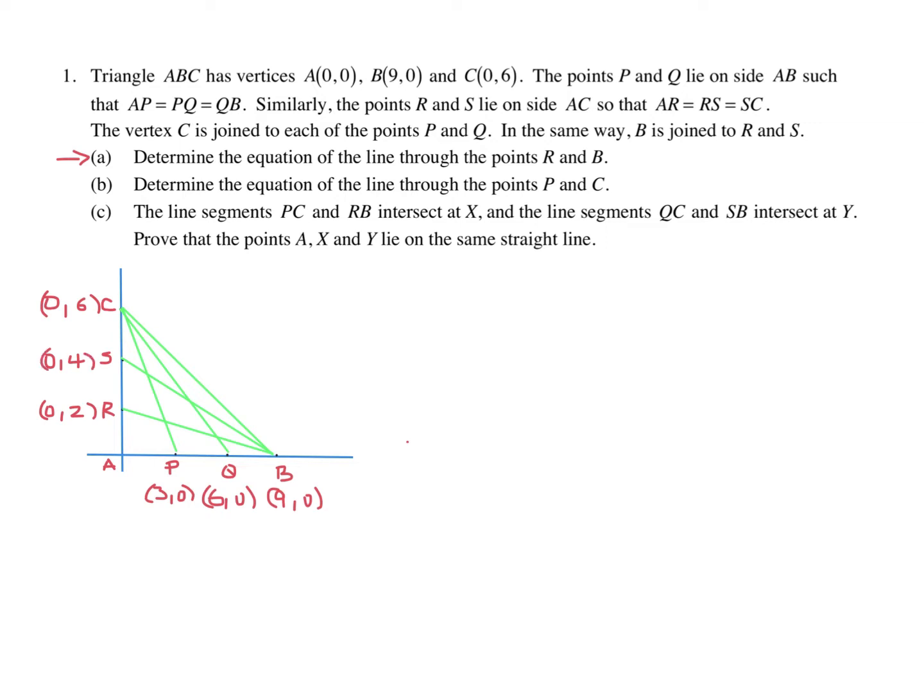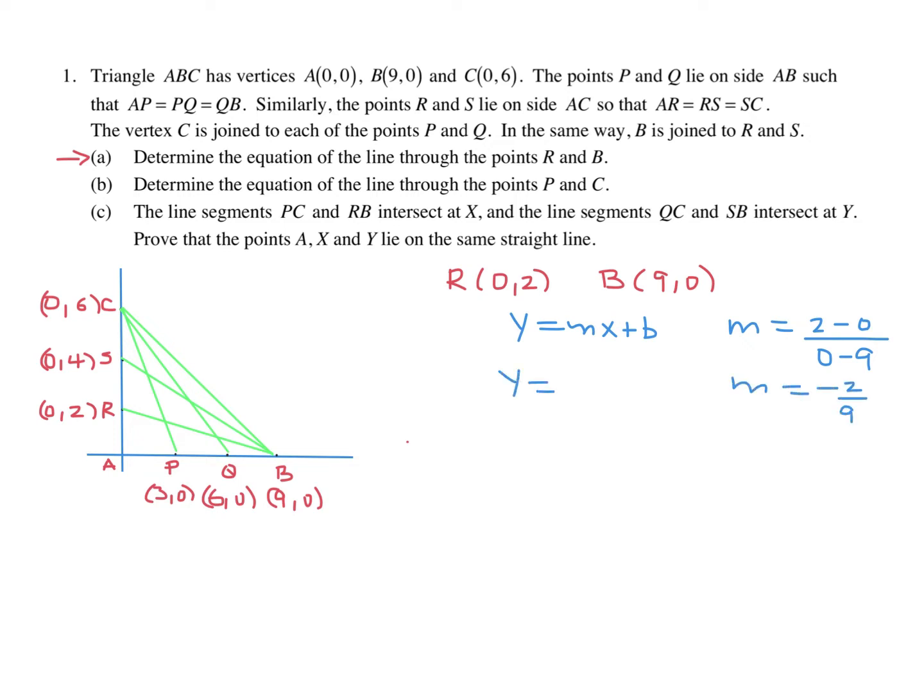So since we have the coordinates for R, which are (0, 2), and the coordinates for B, which are (9, 0), we can easily figure out the equation of the line through those two points. The equation of any line is y equals mx plus b. The m is the slope, which is rise over run, which in this case would be 2 minus 0 on the top, 0 minus 9, which is negative 2 over 9.